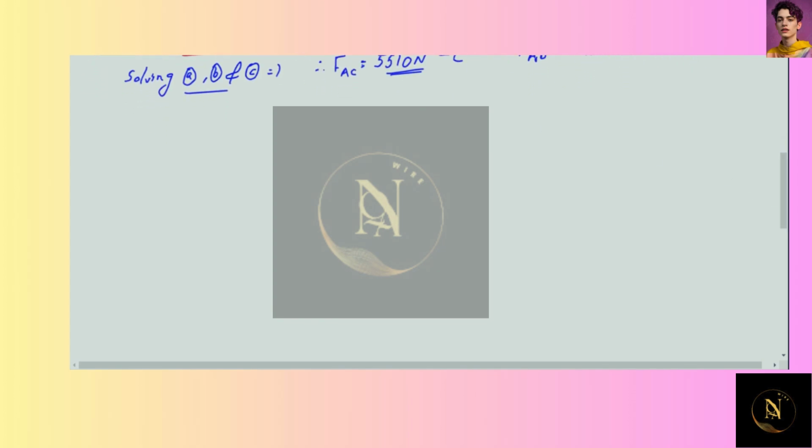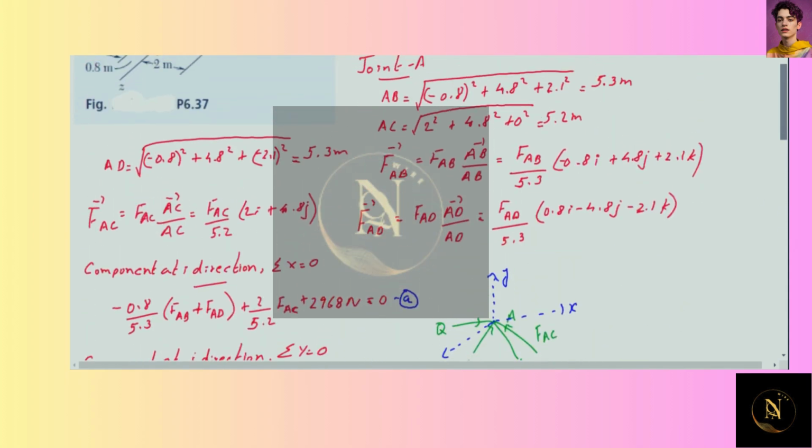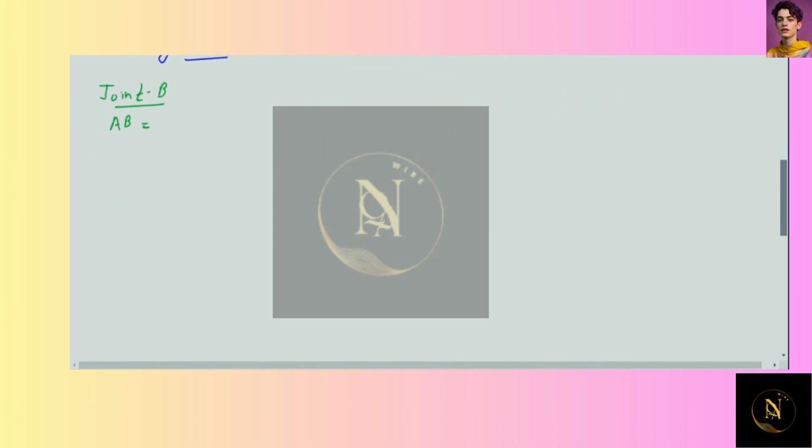Let's take joint B. So joint B contains members AB, BC and BD. Let's find the distances first. AB we already found from here, that is 5.3 meter.